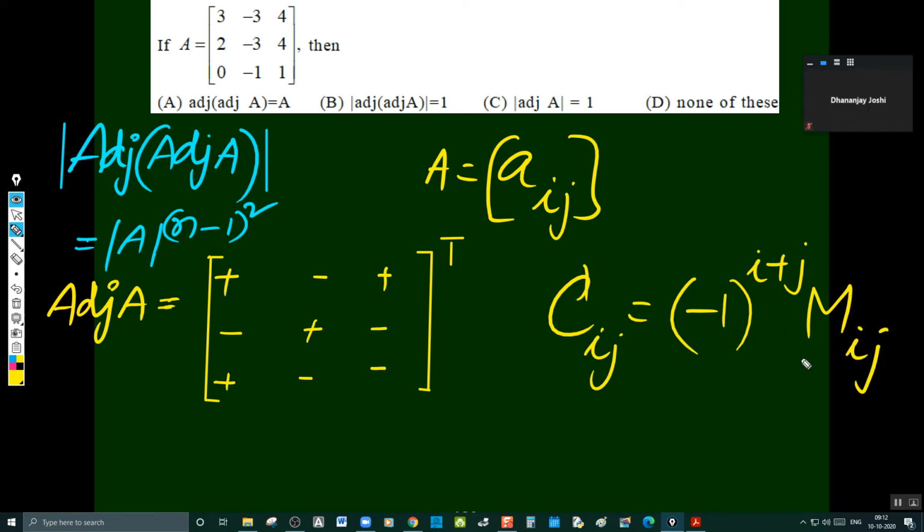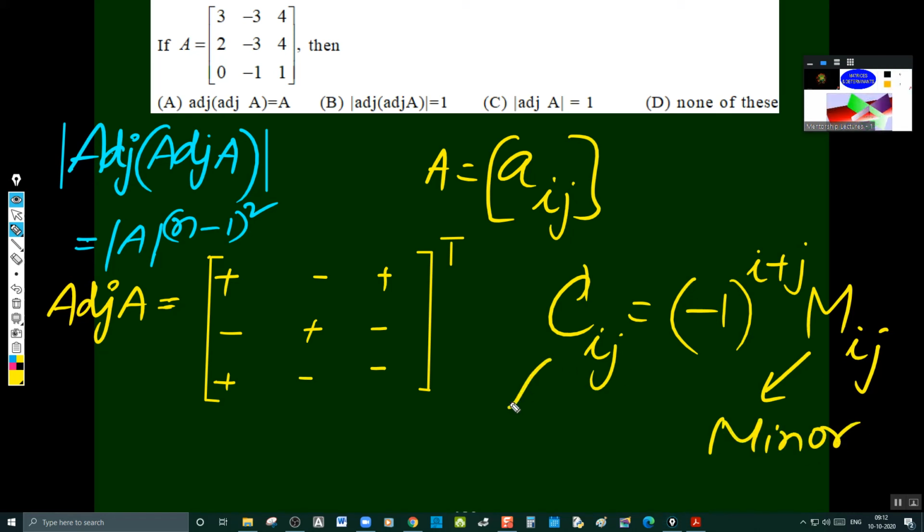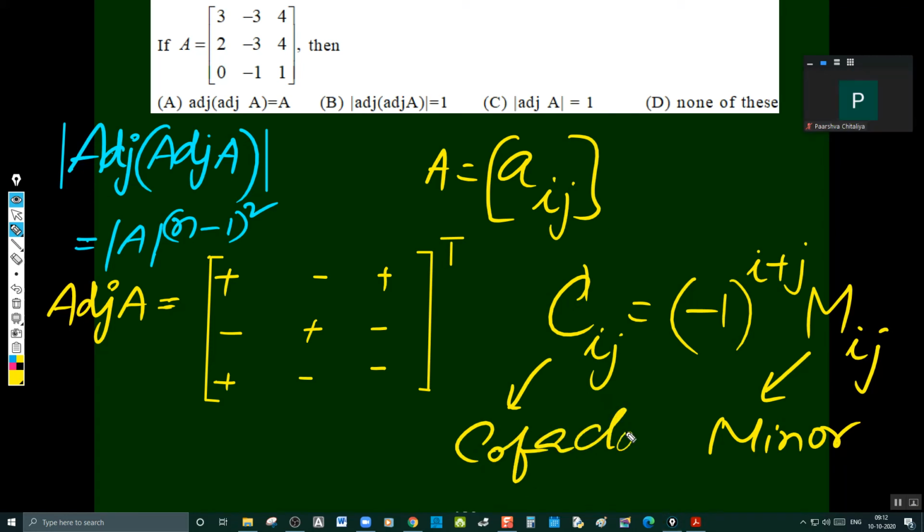What is Mij? Minor. What is Cij? Cofactor. Now what is minor again? It is the determinant of that matrix which is got by eliminating that row and that column in which that element is present. I repeat the definition.